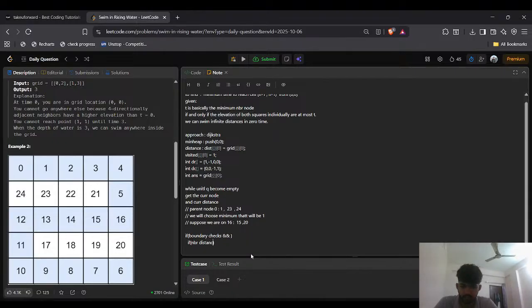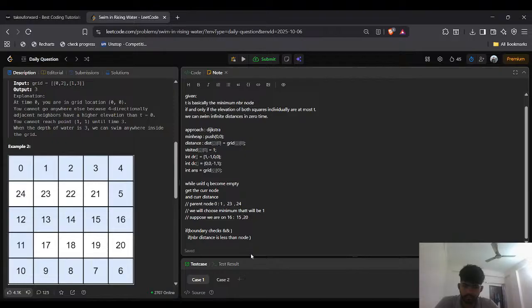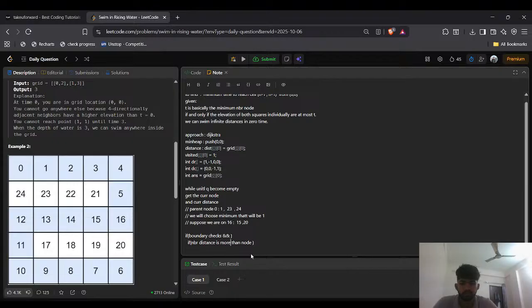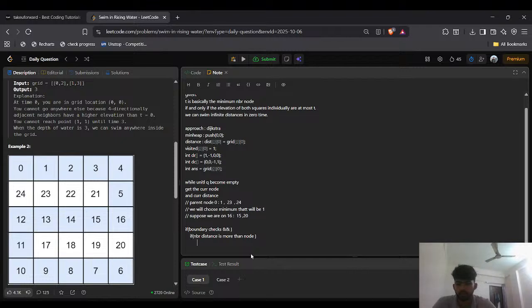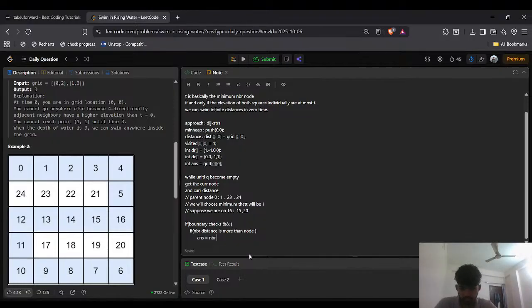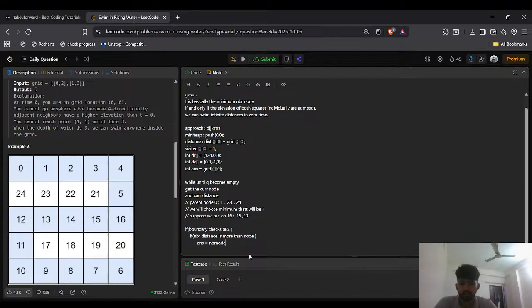If the neighbor distance is less than the node distance, then the answer will be C. If it's more than the node, then the answer will become the neighbor node distance.